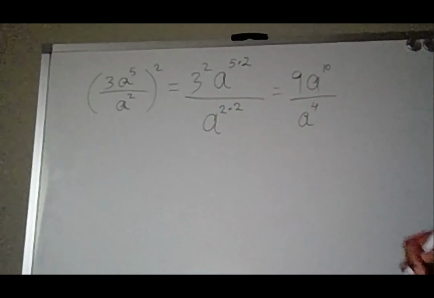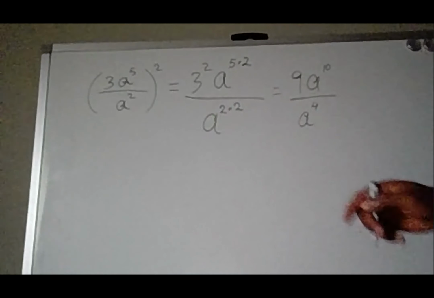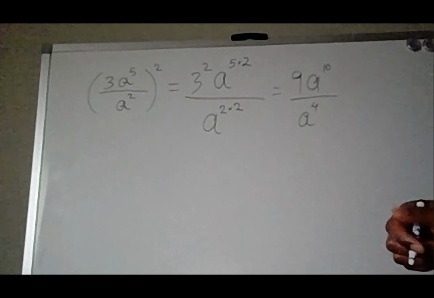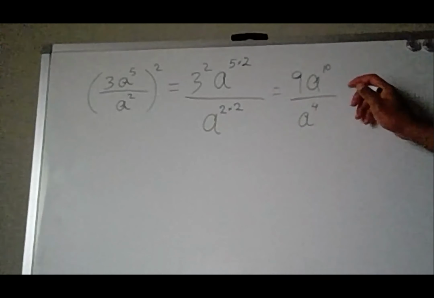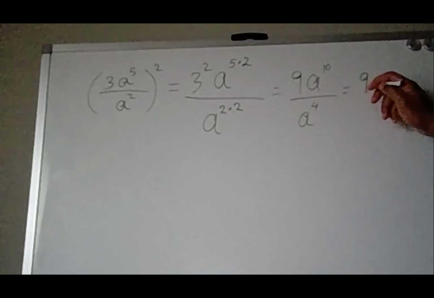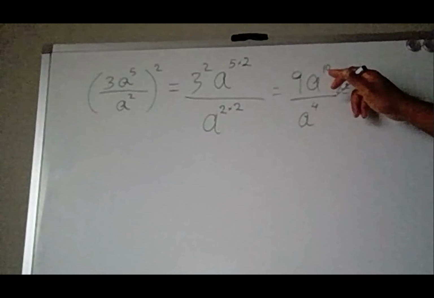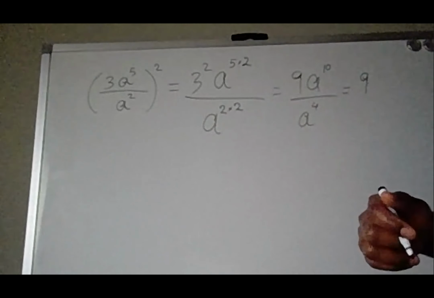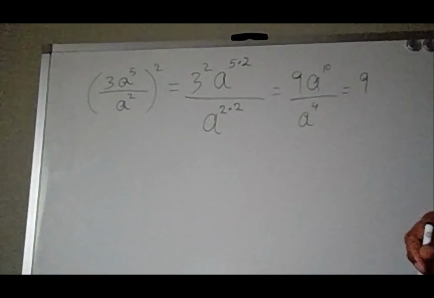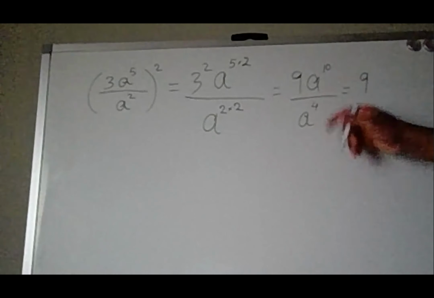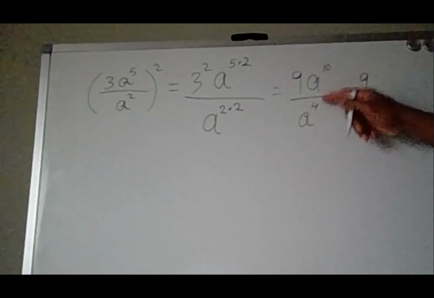Now we're still not done yet. If you look here, we can use the quotient rule to divide the a's. Here we're going to have 9, and a to the 10th divided by a to the 4th. If you remember from Friday's lesson, when you use the quotient rule to divide variables, you subtract the exponents.